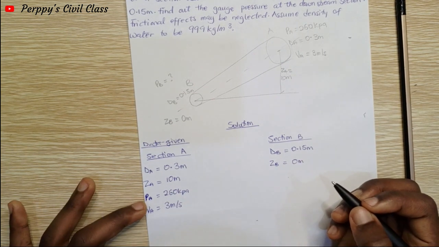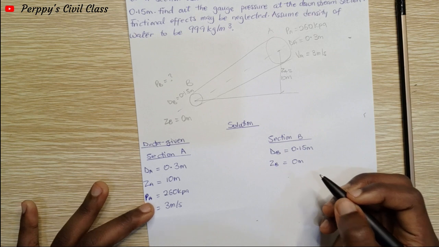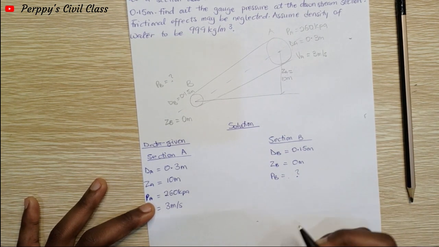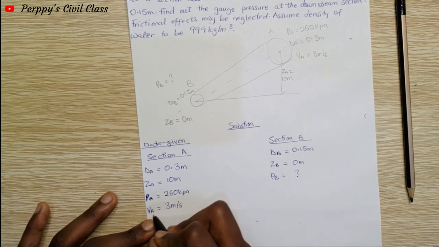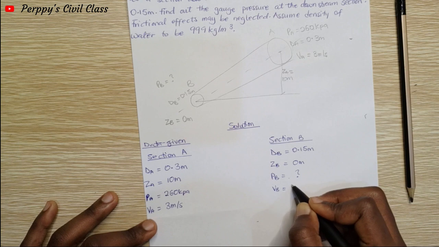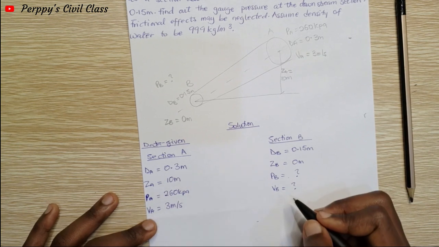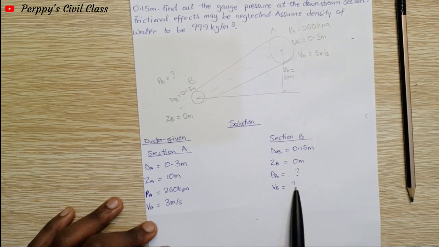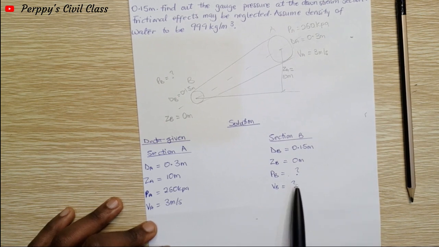We don't have the pressure at B, PB. That's what we are yet to find. And the velocity at B, we do not have. But we can find the velocity at B from the continuity equation.